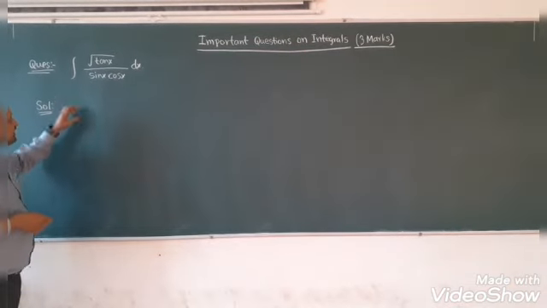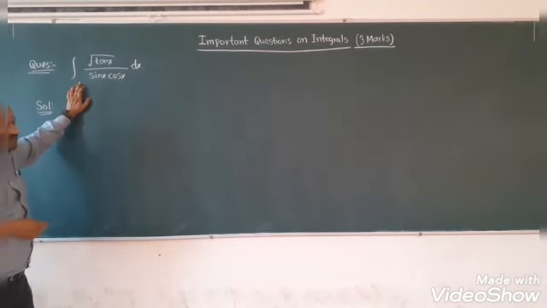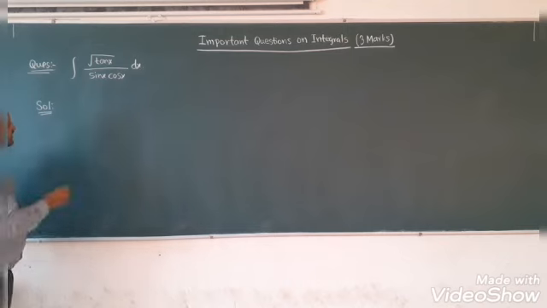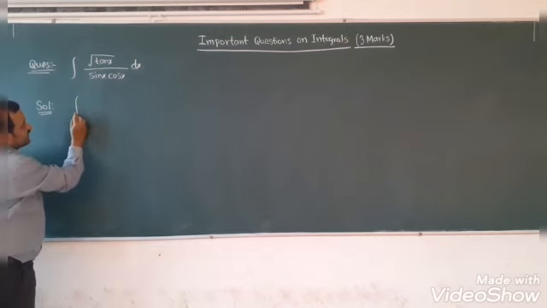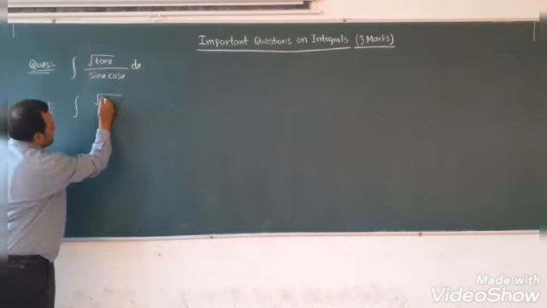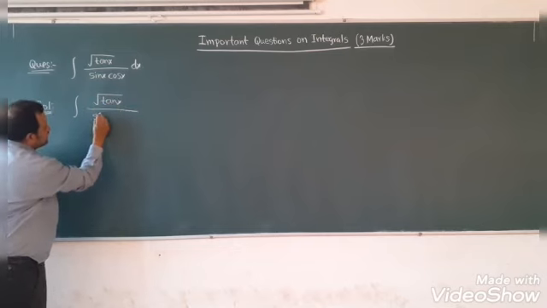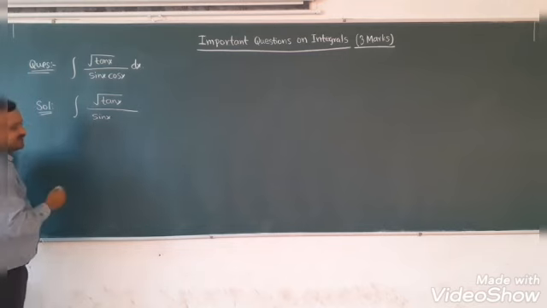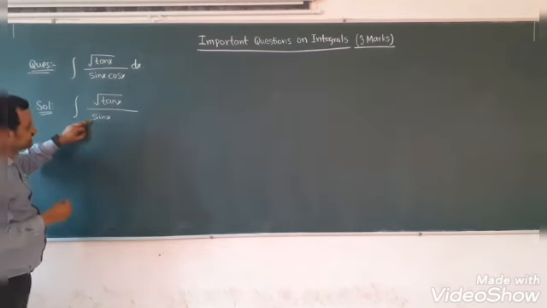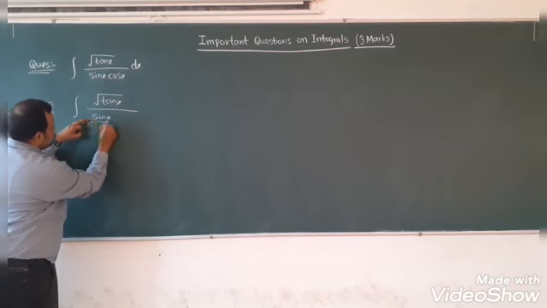The next question is integral of root over tan x divided by sin x into cos x dx. Now look here. So this we can write as integral of tan x divided by sin x. Now look here, what I am doing is multiplying by cos x and dividing by cos x. So I am dividing by cos x here.